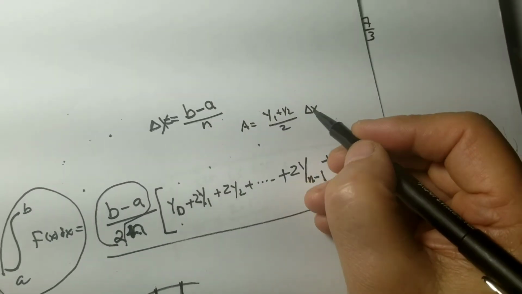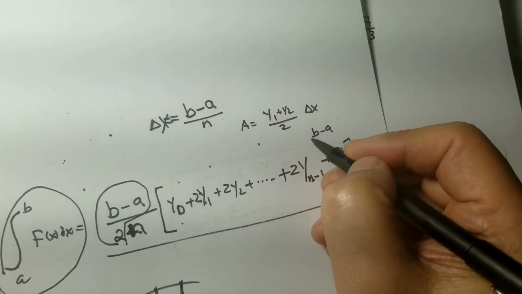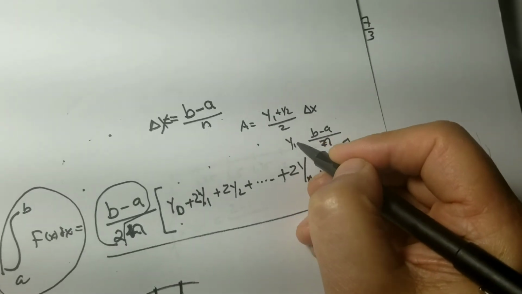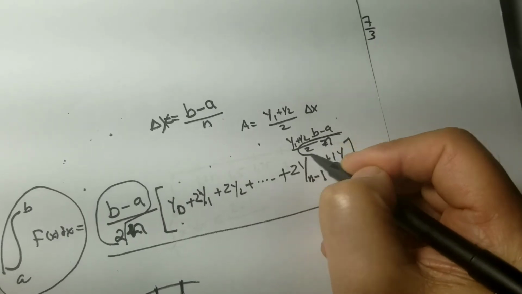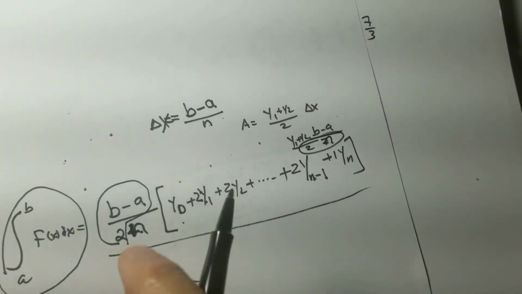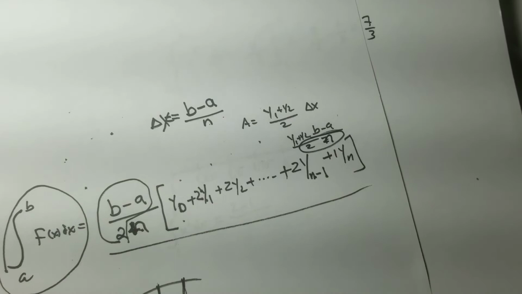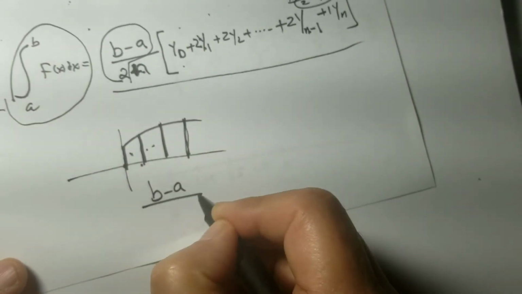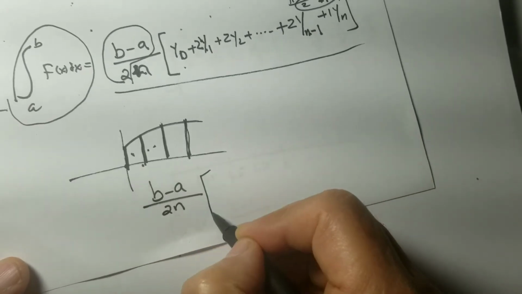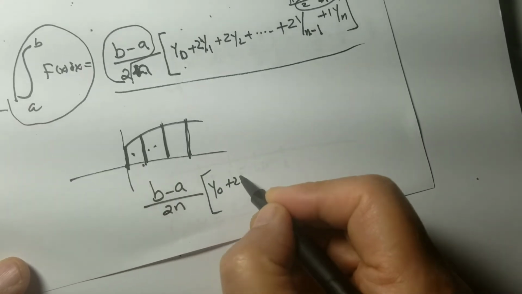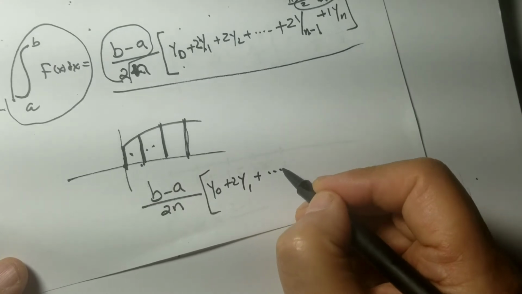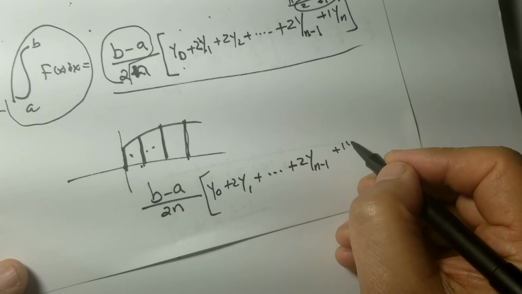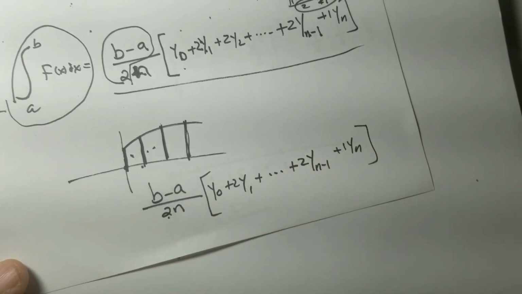If I substitute delta x by b minus a over n, the bottom becomes 2n. Here I needed 2n. I'm sorry. Then let me write the formula for trapezoid rule: b minus a over 2n, times y0 plus 2y1 plus dot dot dot plus 2y n minus 1 plus yn. I forgot that 2n, and I'm sorry.